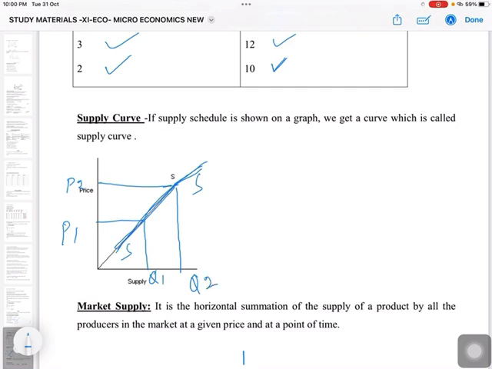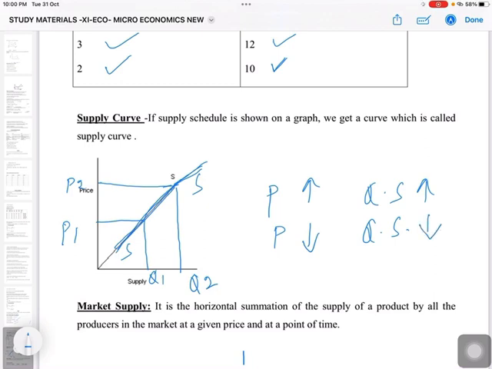That means with the rise in price, quantity supply also rises. Similarly, when price will fall down, the quantity supply will fall down.